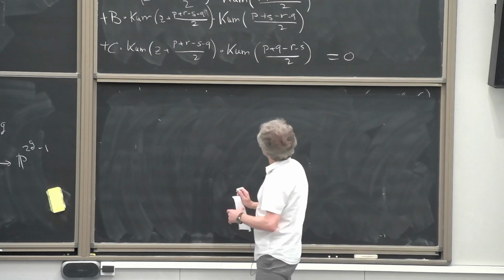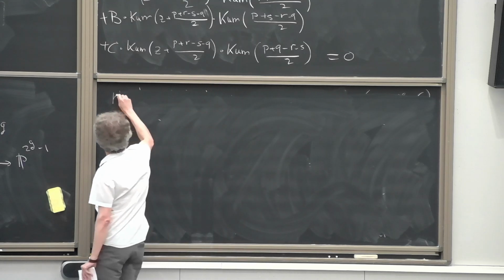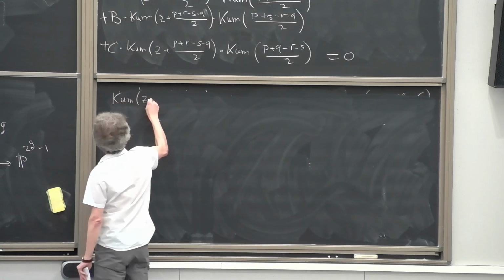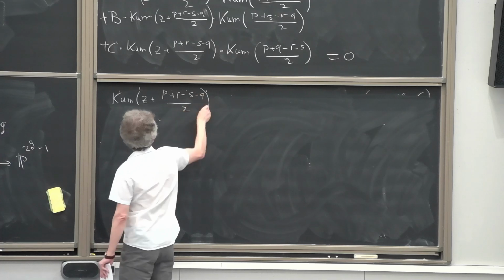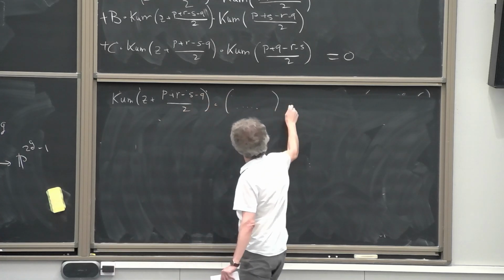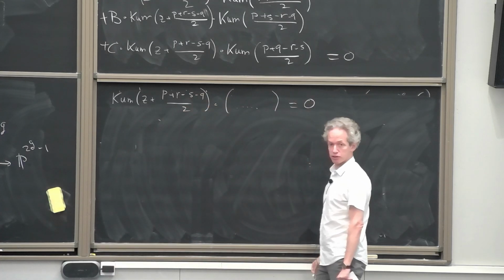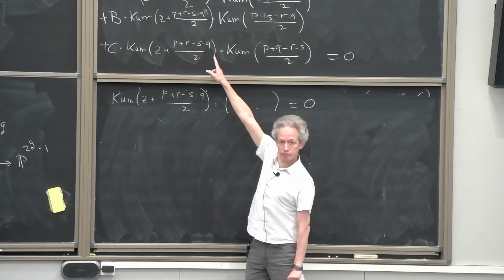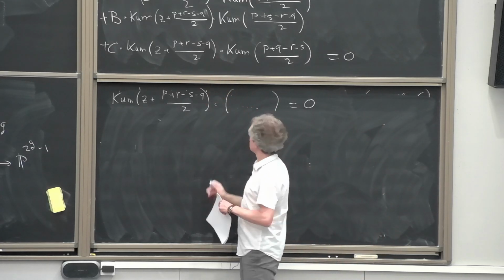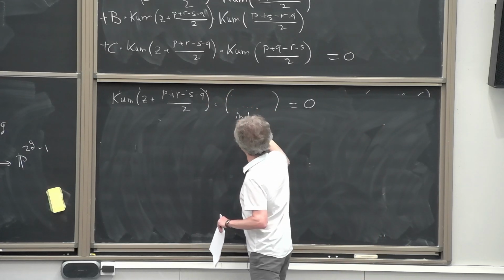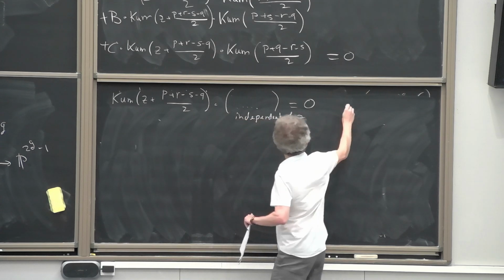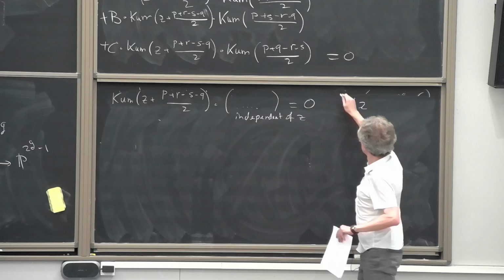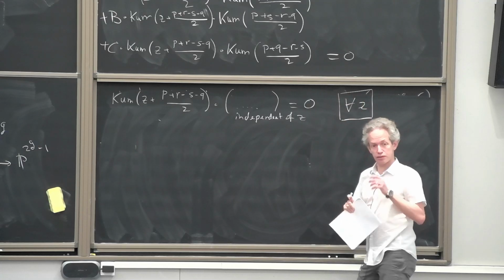What do we see? Of course, what we write here is Kummer of Z plus P plus R minus S minus Q over 2 times stuff is 0, right? So that's what this says. There is a common factor. What does this really mean? And this common factor is independent of Z. And this is true for any Z, right?